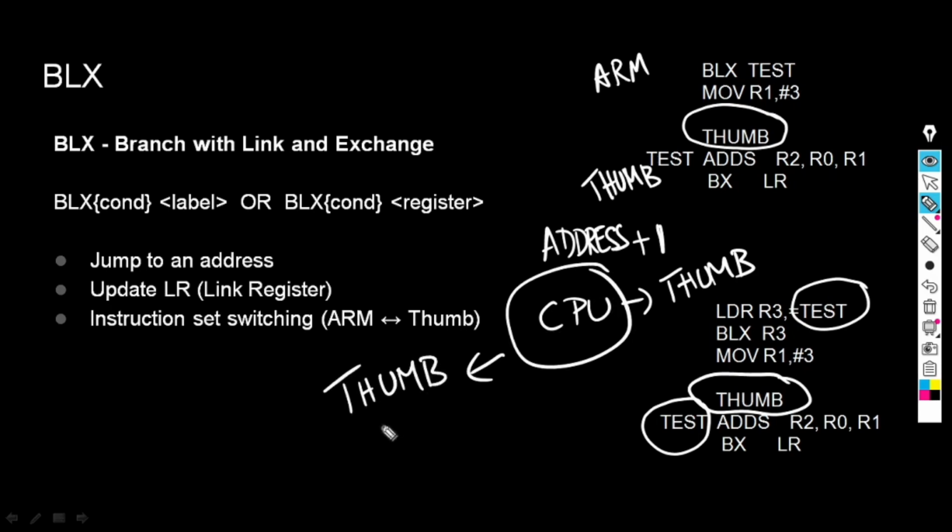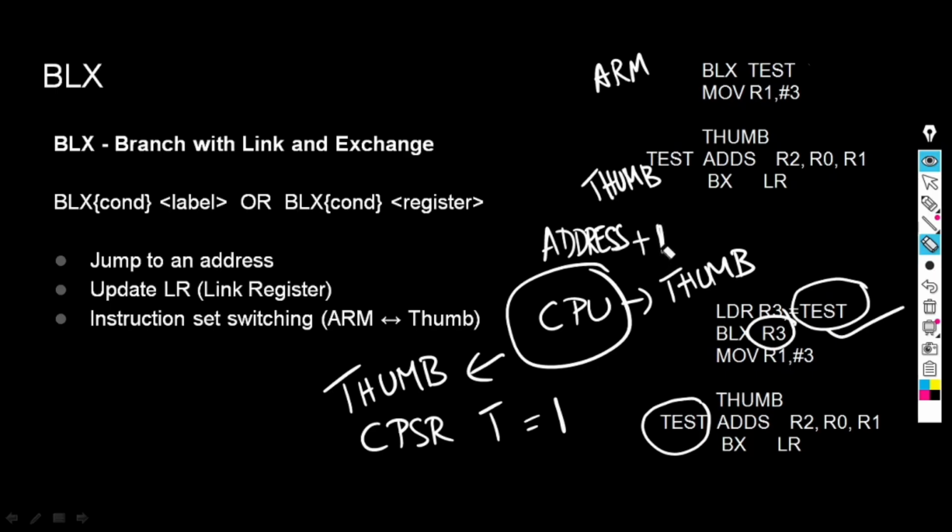What does that mean? If you want to check, you can see the CPSR T bit will have changed from 0 to 1 as soon as this instruction is encountered, and this happens only if thumb is written before the subroutine. One more thing to notice is it doesn't jump to the address plus 1; it will jump to the determined address only, and the last bit is set only for the CPU to know which execution state it should jump to, whether ARM or thumb.